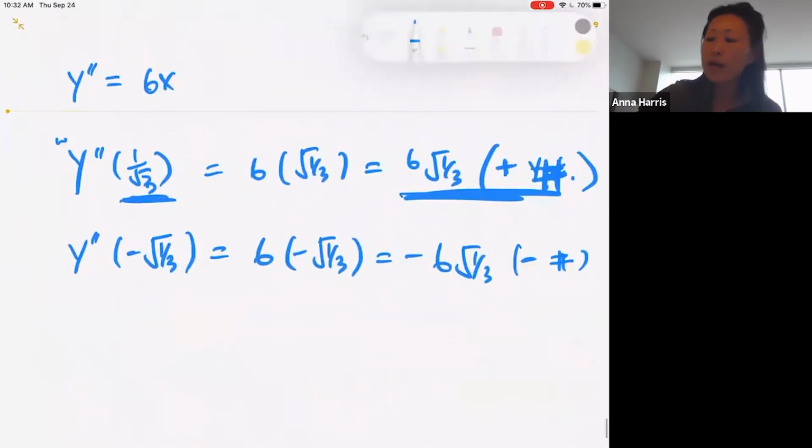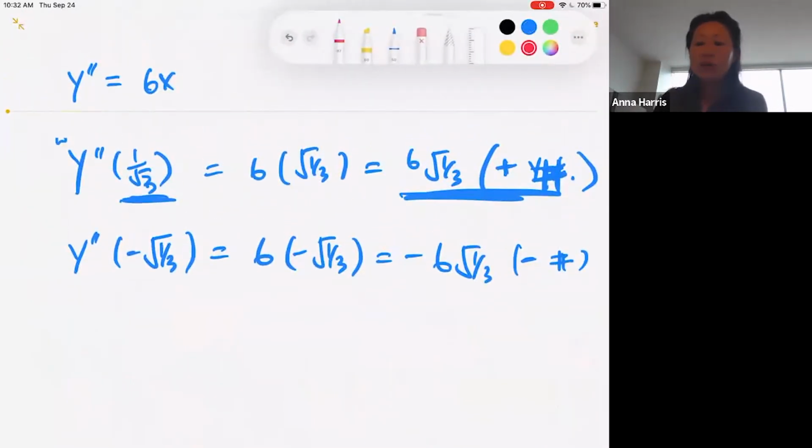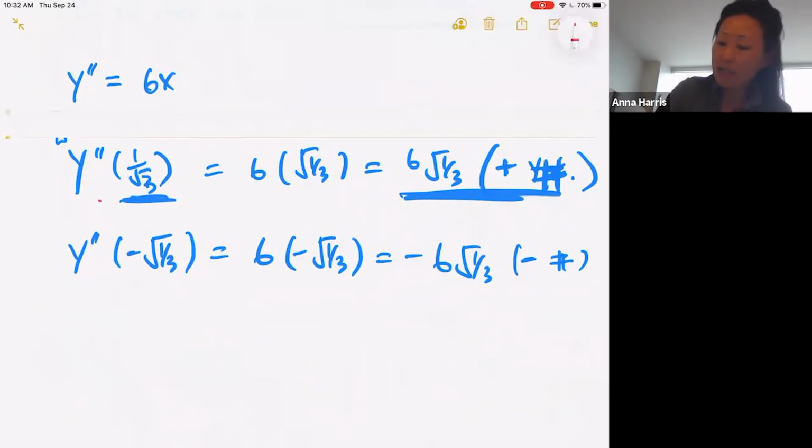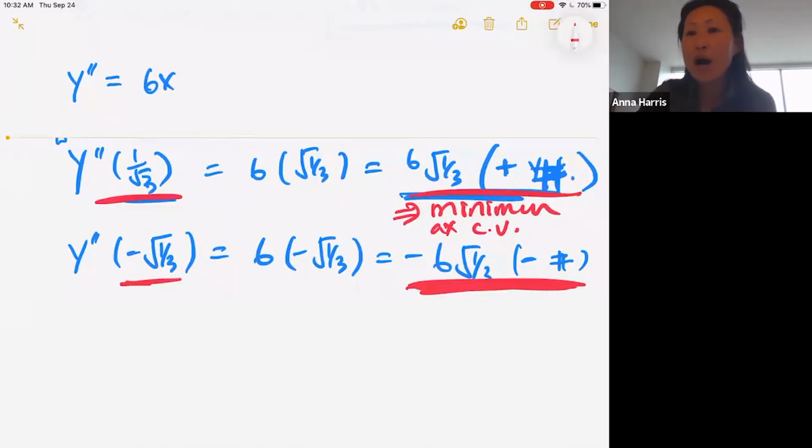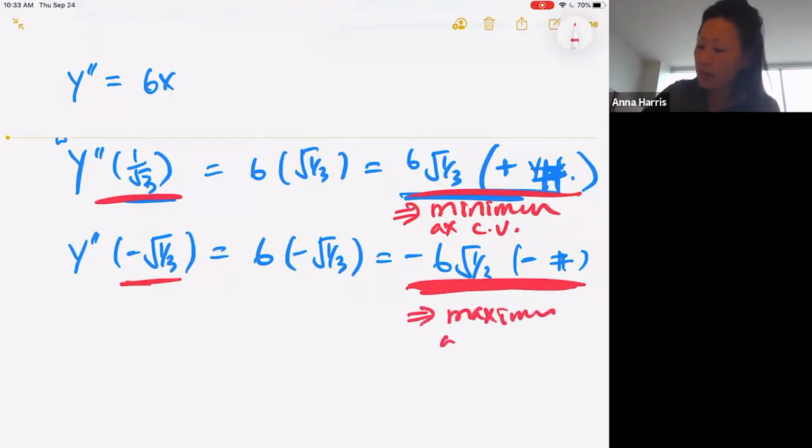What we realize from our observation is when y double prime is a positive number, you get a minimum at the critical value. And then you get what? When y double prime is negative, then you get a maximum at that critical value.